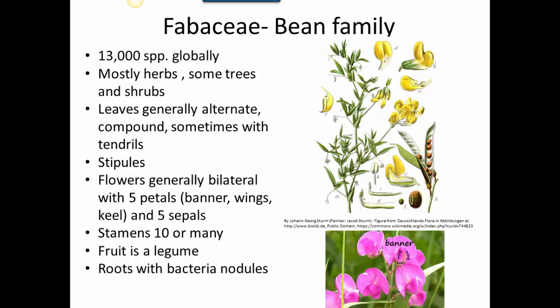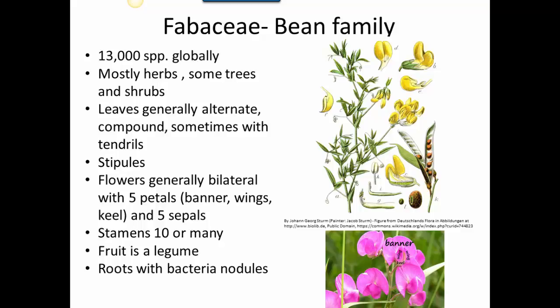The leaves are generally alternate. They are often compound, like we see here in this plant, and like we see in lupin, for example. And they sometimes have tendrils. So tendrils are these little modified leaves that can grab on to other structures and support the plant.